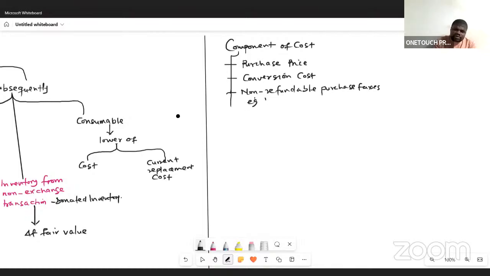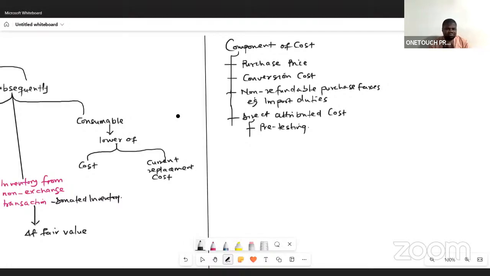Example is what? Import duty. Then direct attributable costs. If the inventory is such that it should be tested, then the pre-production testing is part of the cost of the inventory.